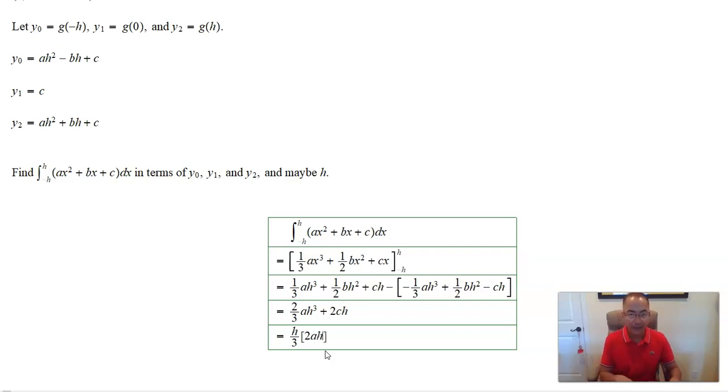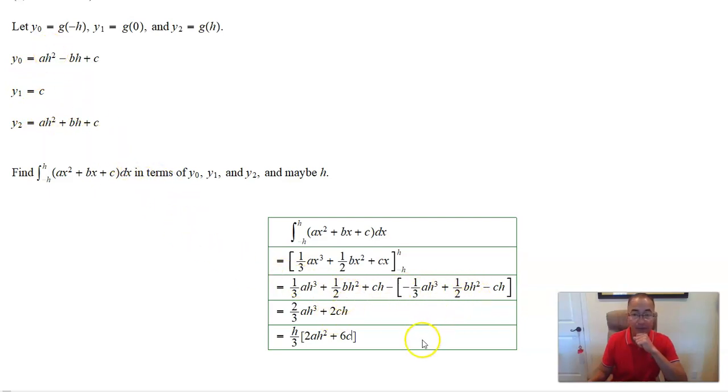I'm left with ah squared, okay? And a 2, no, not a 2, but a 6, because I have a 1/3 over here. I need a common denominator. So we need a 6c. Okay. So, why did I keep the 2's inside? You're going to see. And here's why. I want 2ah squared. Well, I have an ah squared here and an ah squared here. So I definitely need y0 and y2. Do I need a bh?